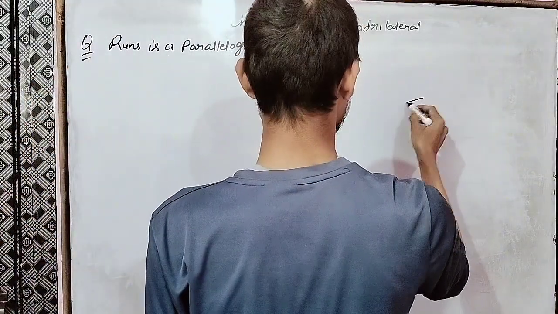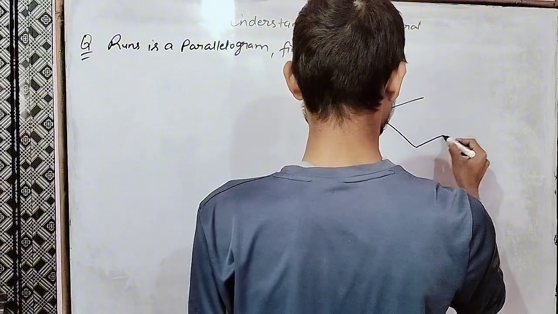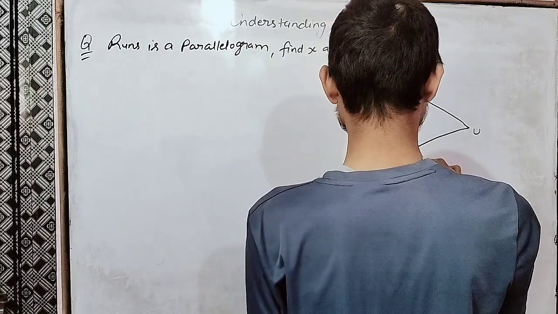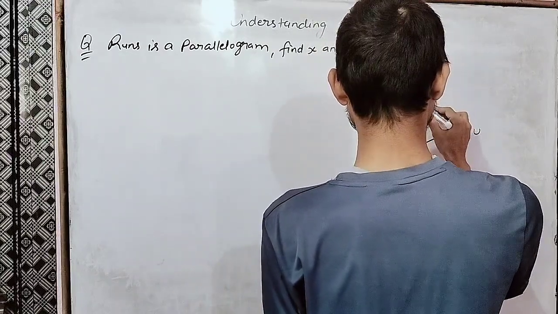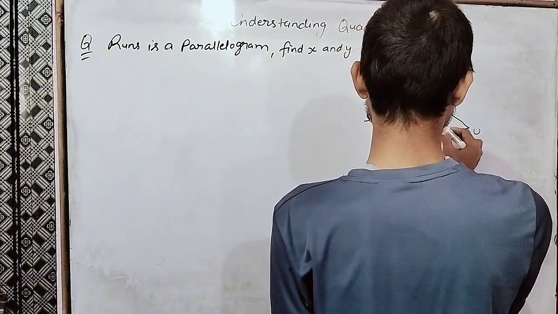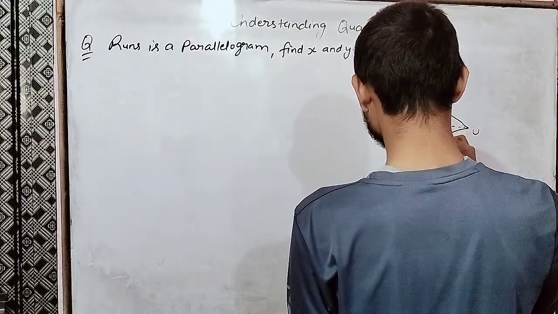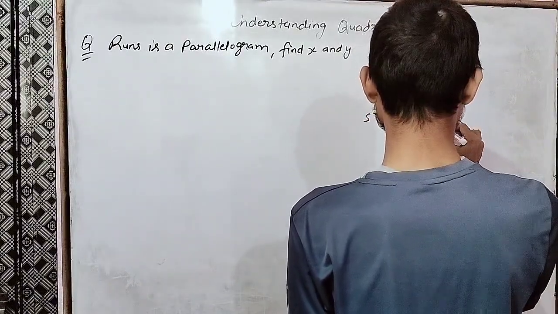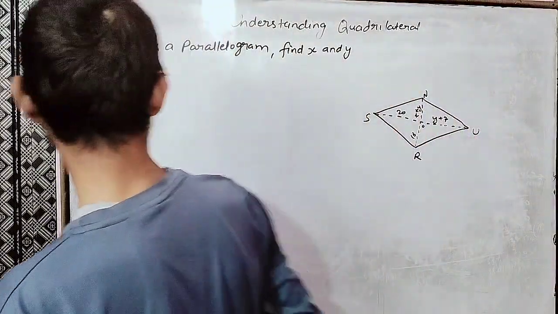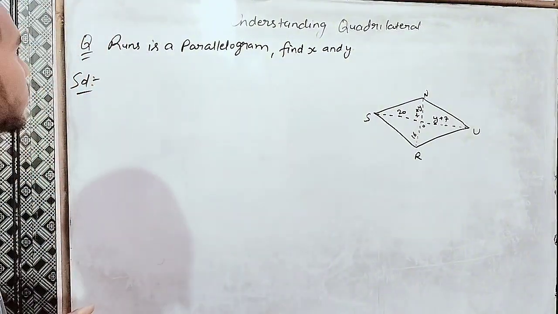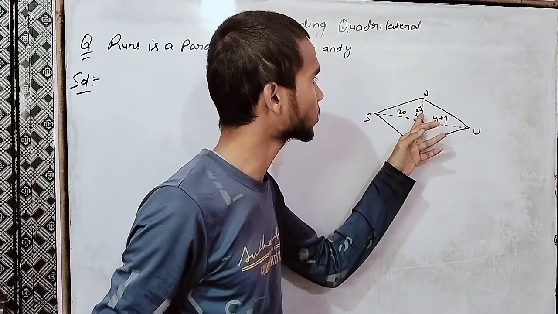Figure is like this. Can you solve it? So RUNS is nothing but the name of each vertex of this given parallelogram quadrilateral. Find the value of x, where is x, and value of y.